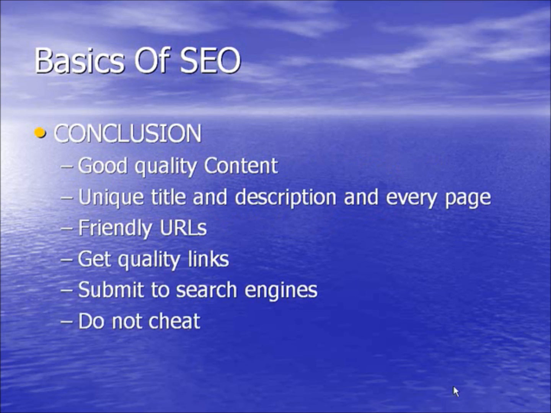Now, in concluding this tutorial on the basics of search engine optimization, I must emphasize good quality content. Good quality content is the way to go, and it will help you see faster results of your optimization efforts. You should try and use unique title and description on every page.